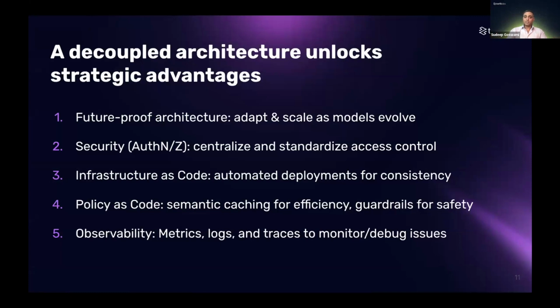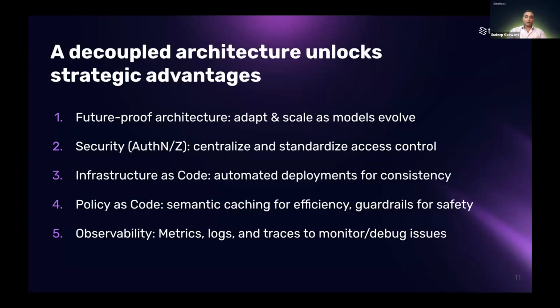Third is infrastructure as code. Deploying everything with cloud native principles, Kubernetes native principles, and infrastructure as code principles gives you significant leverage in the consistency and automation of your deployments. And not just infra as code, point number four is to deploy and implement policy as code.